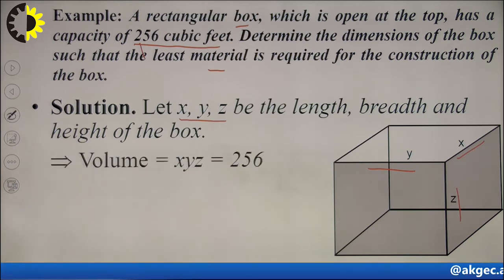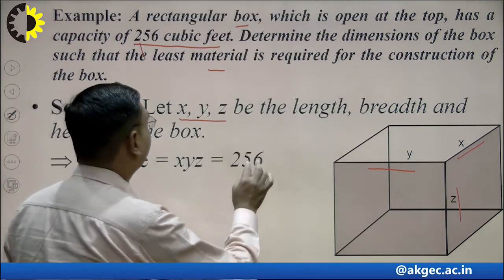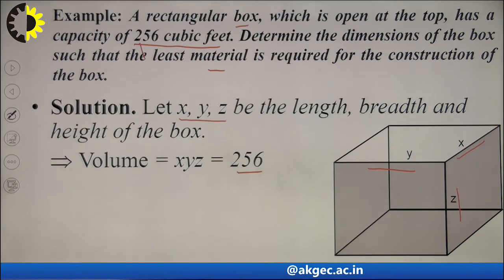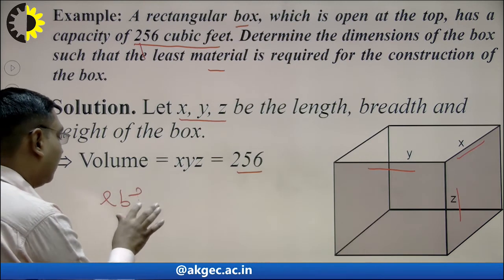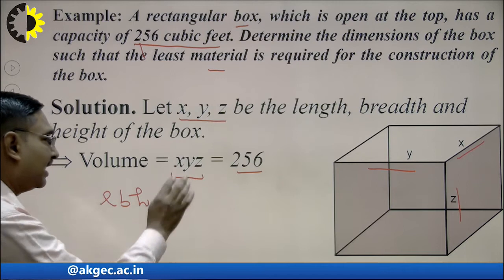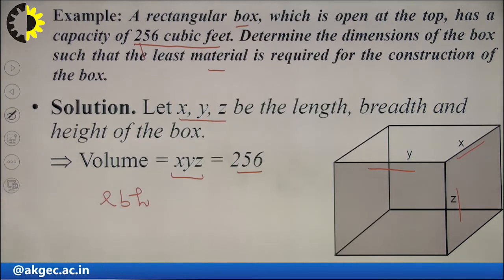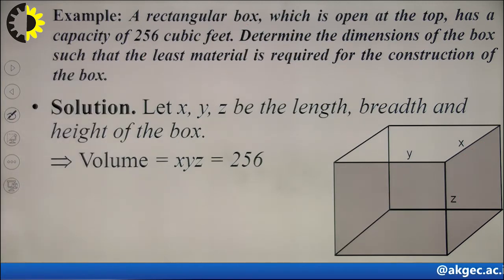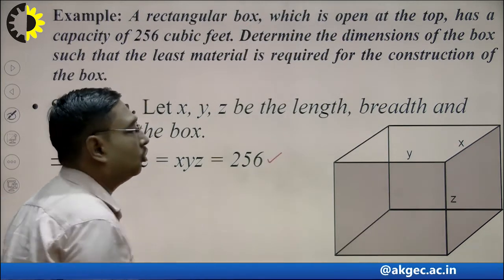Because the volume of the box is given to be 256 cubic feet, we know that the volume of a cuboid is L into B into H. So, volume will be x into y into z, and this is to be 256. So, I can write xyz equal to 256.